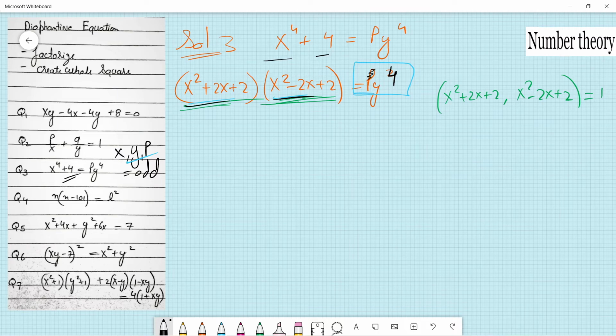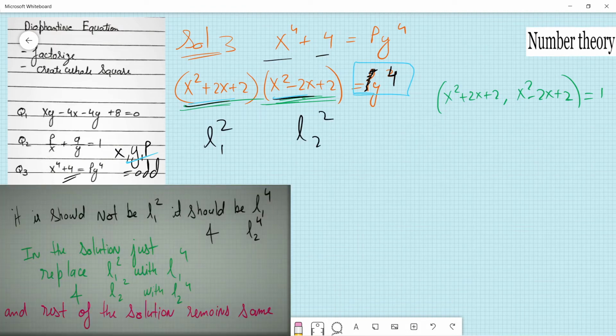Then we can say this term is a square. We took x, so x is already here, we have to take some other variable. So let's take l. So this is l1 square and this is l2 square, where y is l1 l2.